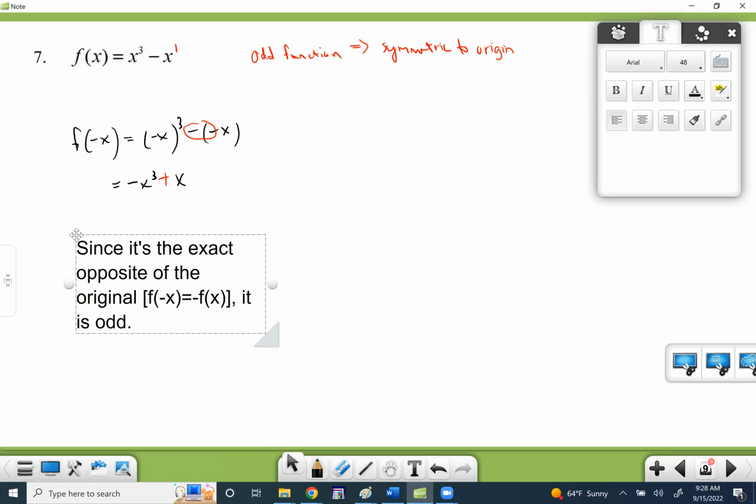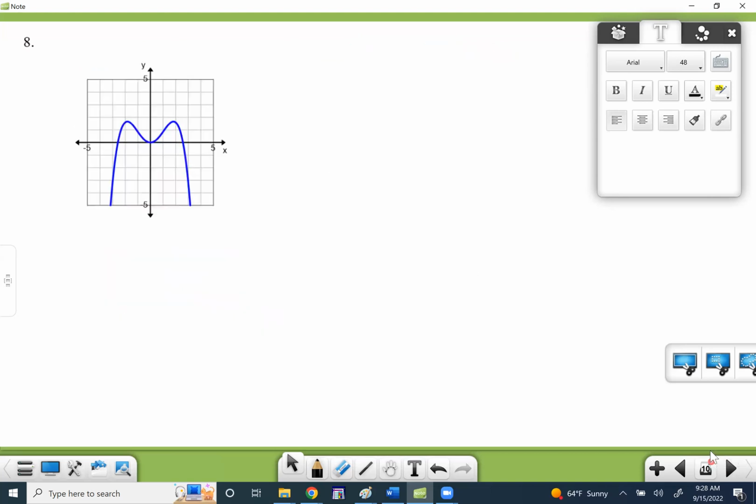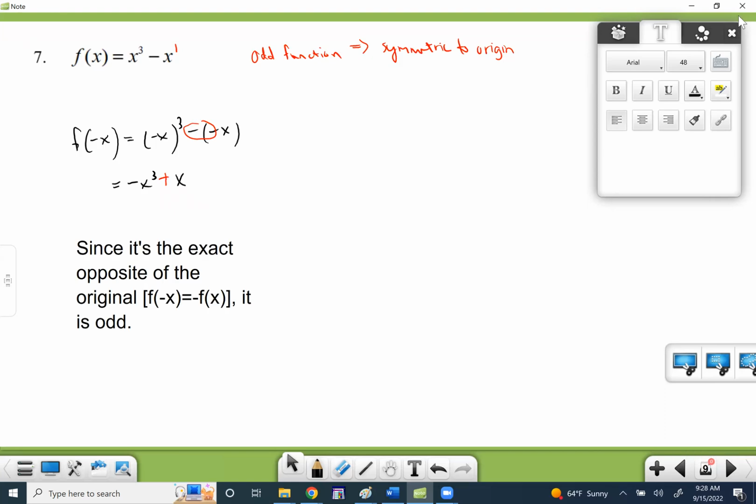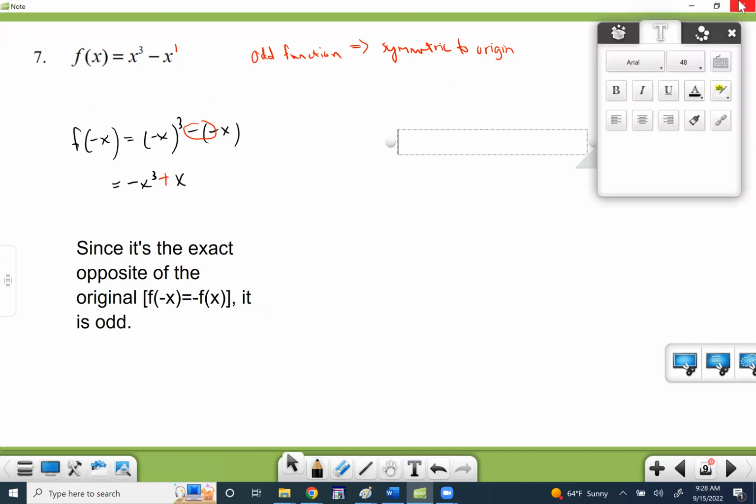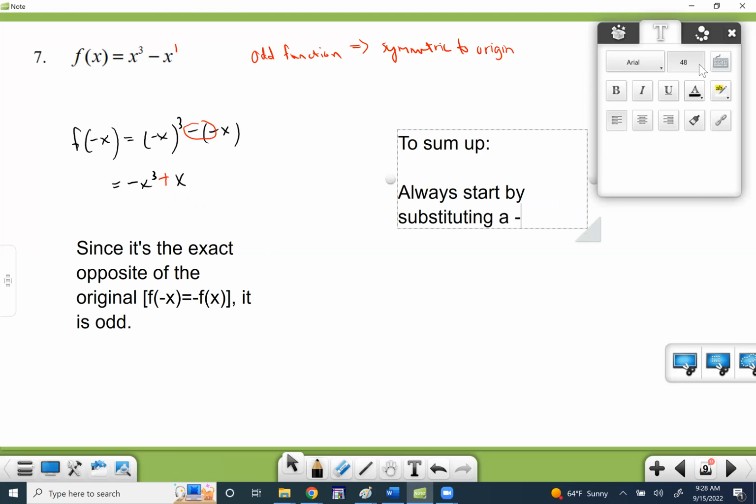Okay. So always plug in a negative x. Always plug in a negative x and see if it matches the original or if it's the exact opposite of the original. So this is me summing up, right? Let's sum it up. Always start by substituting a negative x in for x.